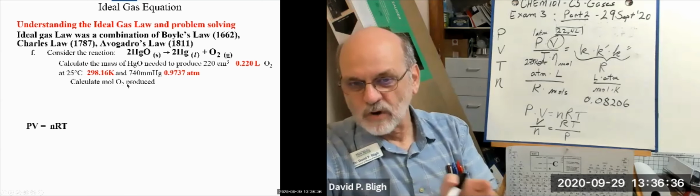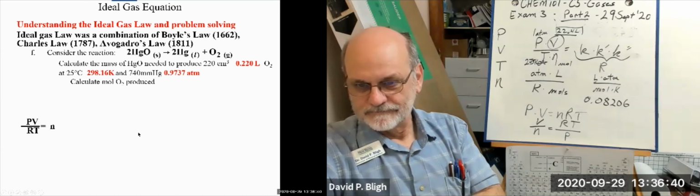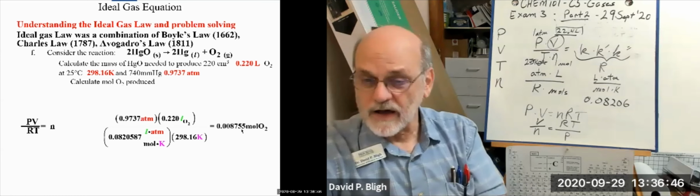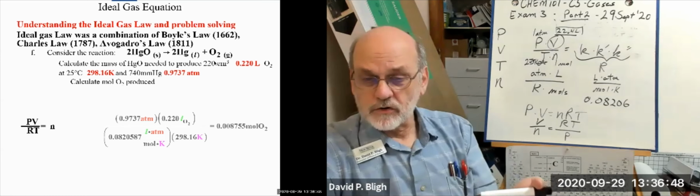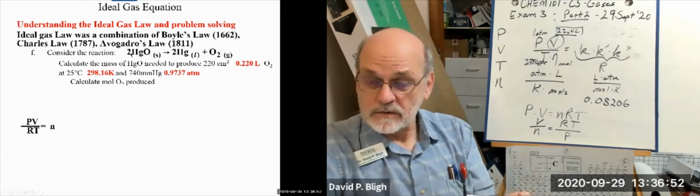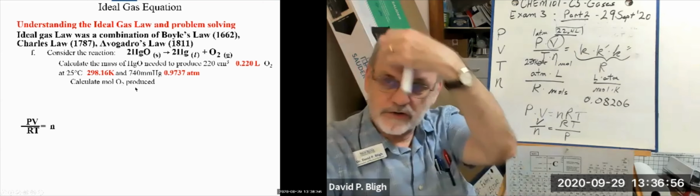Right? Calculate the moles of O2. That's what we're doing here. There we go. So you have that many moles of oxygen. Use your ratios, 1 oxygen for every 2 mercury 2 oxides. So for those moles, you just double them.